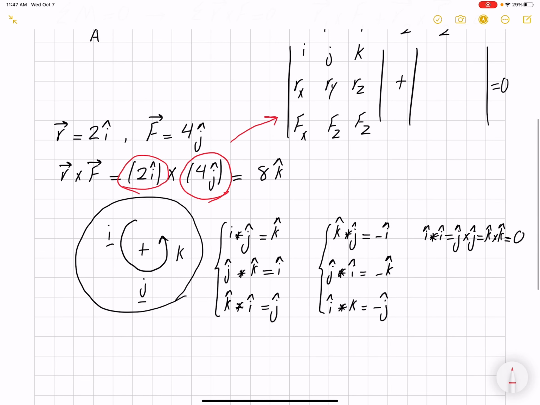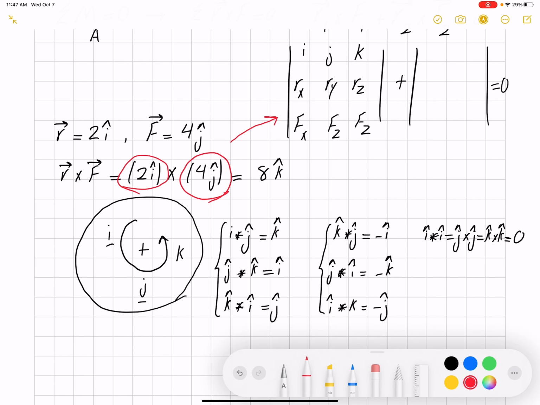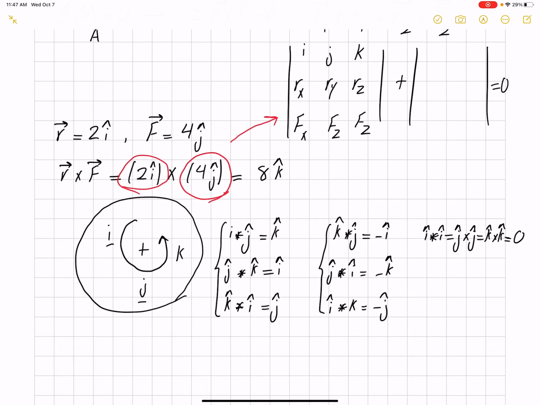But let's develop this matrix. Let's expand that. We said that this is r cross F, and if I want to write the solution for this, the i component would be ry Fz minus rz Fy.